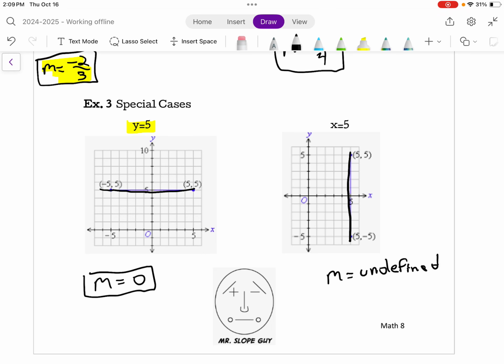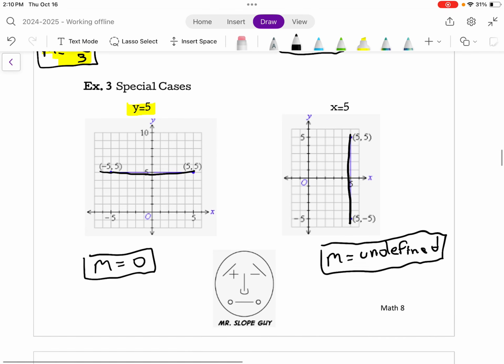So it's the only slope that isn't a number. It's just a word that we need to memorize for that. And we'll get more into that, why it's undefined. It has to do with dividing by 0, which we are not allowed to do in math. On your calculator, you'll see it will say error when you do that.